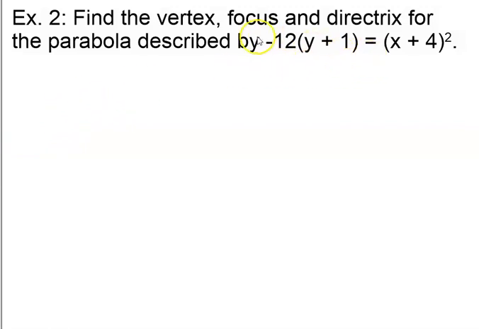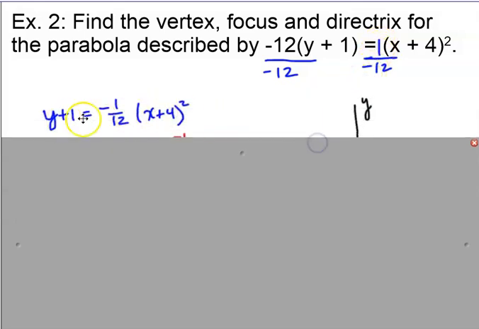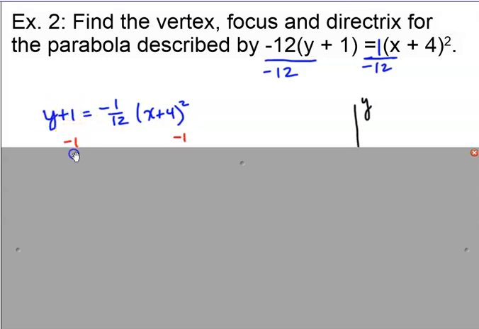So the first thing we're going to do is divide both sides by negative 12, because we're trying to isolate the y, right? We're trying to get it in y equals form. You can imagine there's like a 1 here as the coefficient. Now we're at this stage, okay? So we have 1 divided by negative 12, or negative 1/12 as the a value. I want to get y by itself, so of course we're going to subtract 1 from both sides.